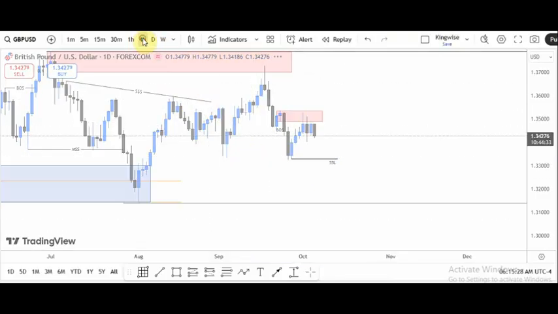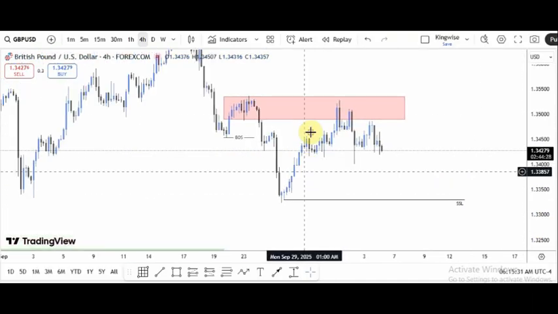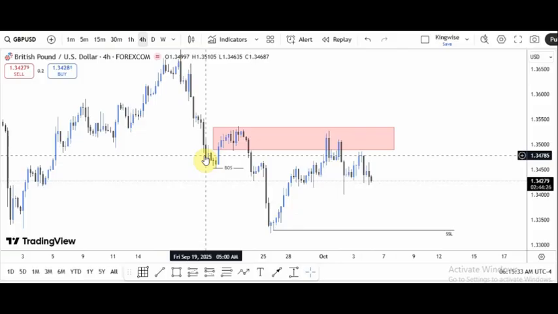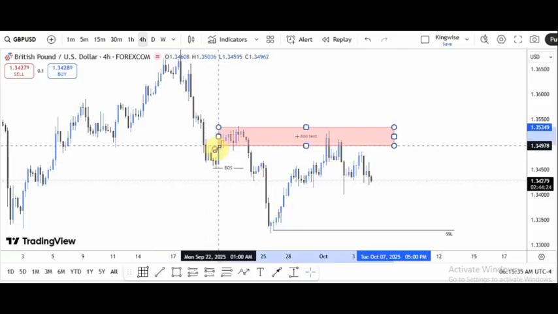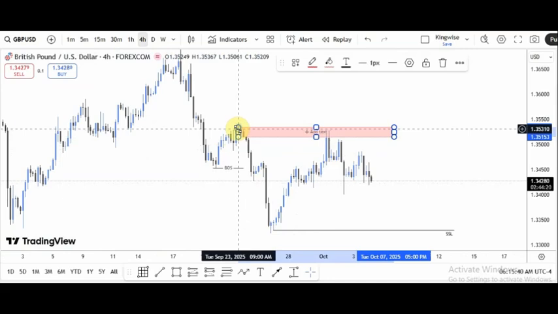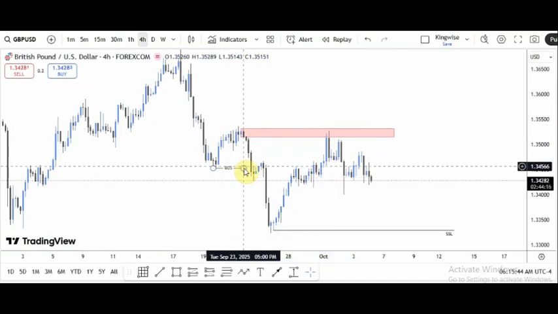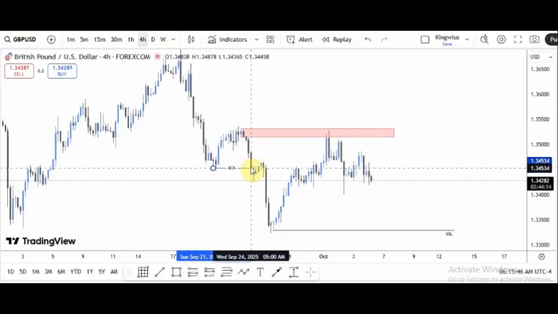Now let's go to the 4 hours to see what we have. Now on the 4 hours, we can refine this supply zone to this candlestick here, this last candlestick before this push to the downside.